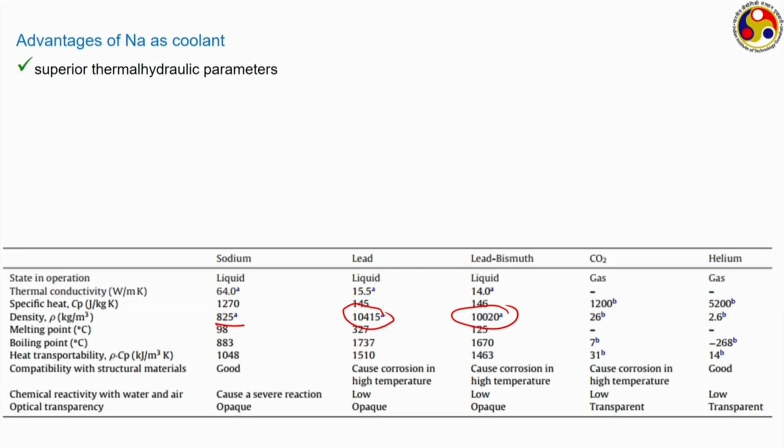Much larger power will be required to drive this liquid lead or liquid lead bismuth eutectic mixture to flow through this coolant channel or maybe through the circuits or through the zones around the core, and there will also be a chance of pipe clogging because of its high density.